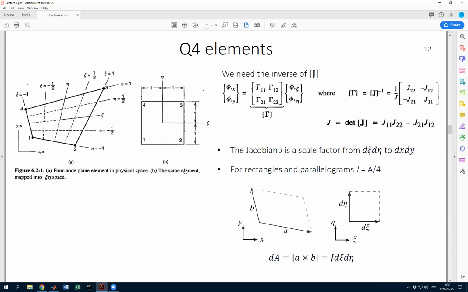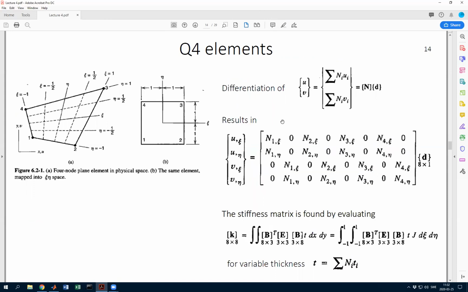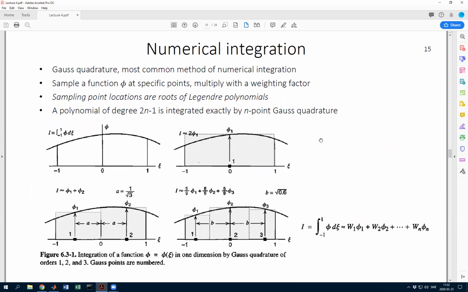Can you see my desktop now, or did I stop sharing? Maybe we have different page numbers. You have to go down. Yeah, it's in the numerical integration. Yeah, here. I just want to know how to determine the weighting factors.